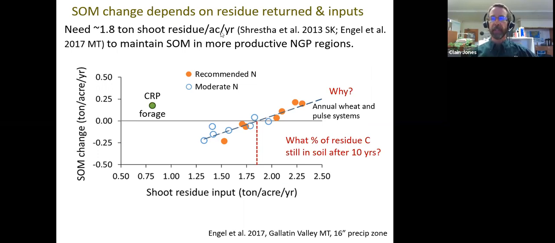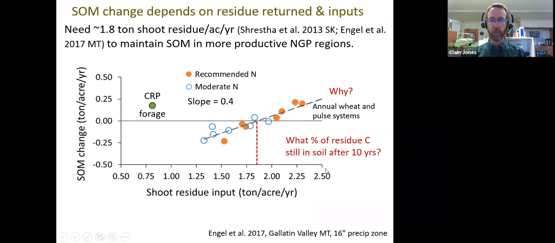Nine participants, I see. Okay, so another question that I have is, what percent of the residue carbon is still in the soil after 10 years? And we can actually answer that question by looking at the slope of this line. The slope of this line means how much soil organic matter was built up versus how much residue was put down.